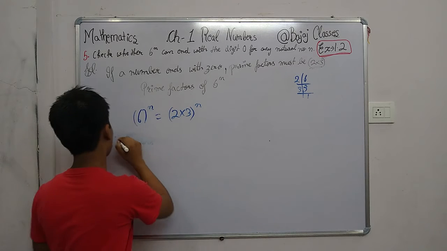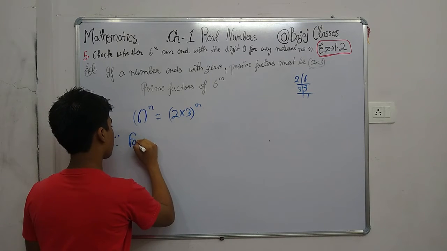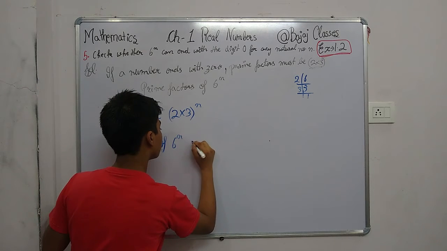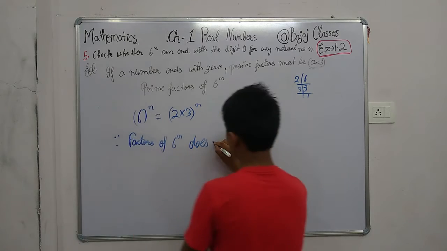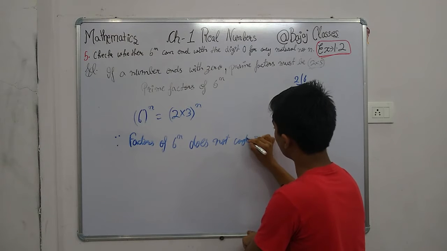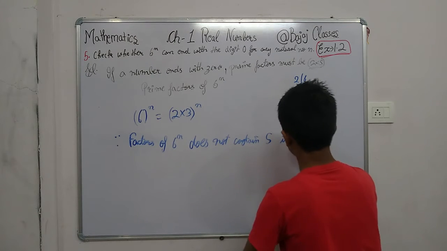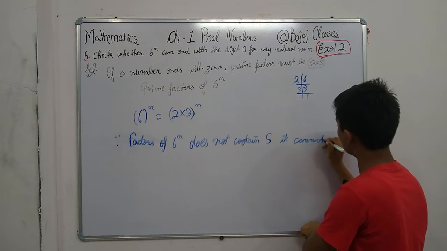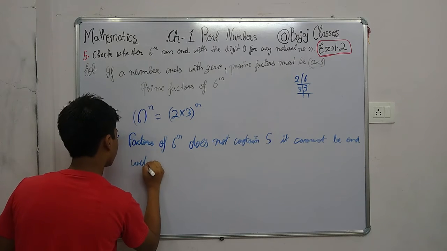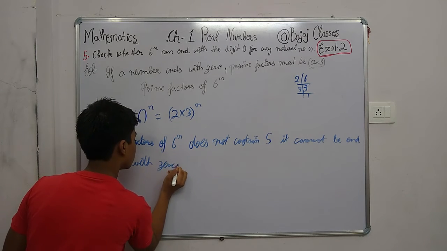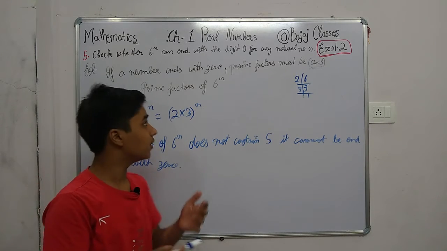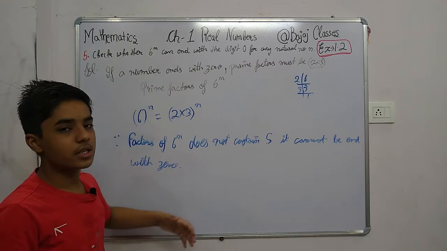Since the prime factors of 6^n do not contain 5, it cannot end with 0. So we have proved that 6^n cannot end with 0. This is the reason for this question.